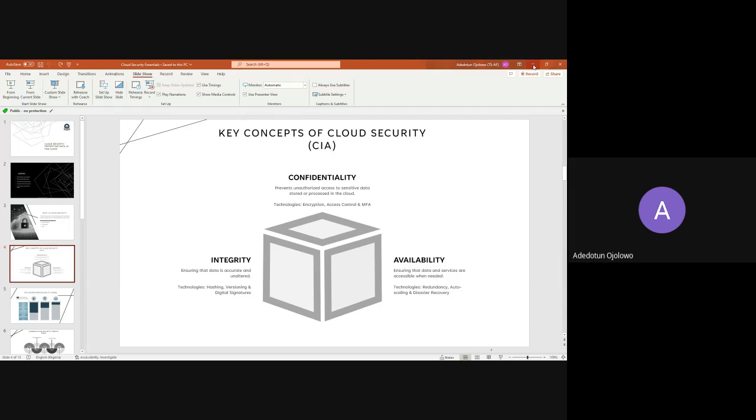And lastly, in integrity, we also have digital signatures. A digital signature is basically used to verify the authenticity and integrity of messages, data, or documents. Has anyone here heard of AWS CloudHSM? Has anyone heard of an HSM before, a hardware security module?